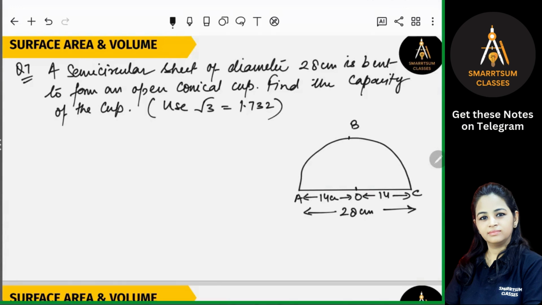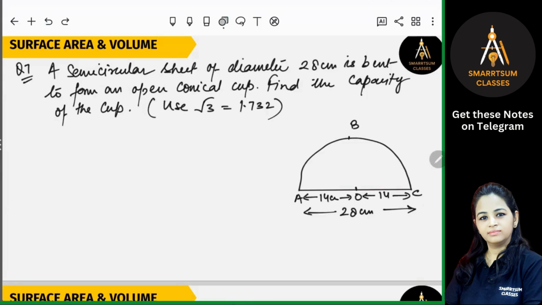Now this semicircular sheet is bent to form an open conical cup. Many times you have done this while doing handcrafts, right? If you have a semicircular sheet, you can easily form a conical cup from that sheet. So the same thing we have done here, and this cup is an open cup so that it can hold something.